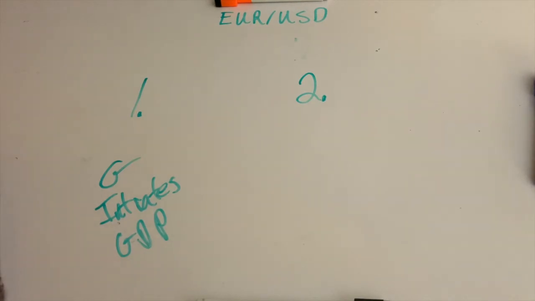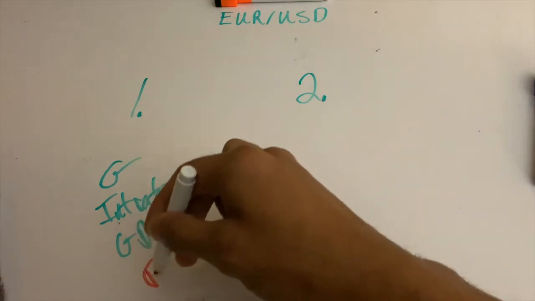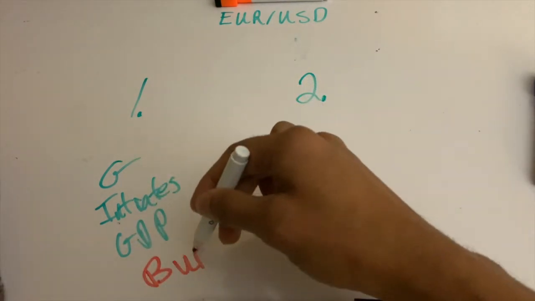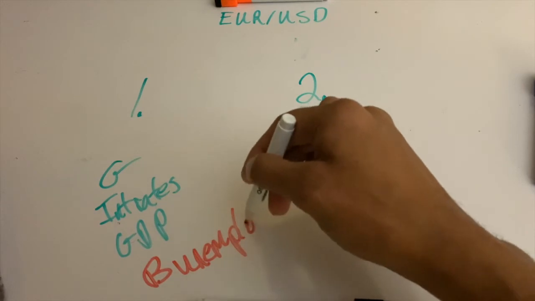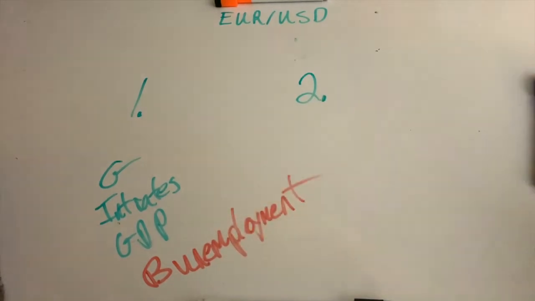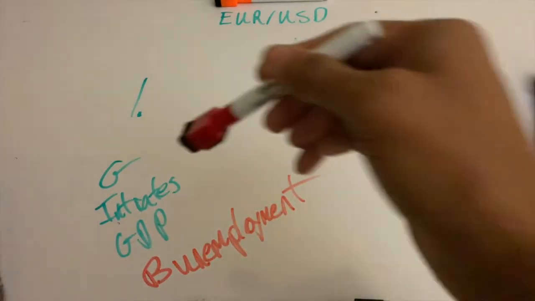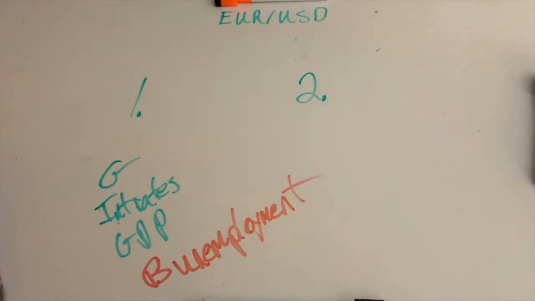And then your bad news gonna be things like unemployment, etc. When good news is higher than expected, it has a positive effect on the currency. When bad news is higher than expected, it's gonna have a bad effect on the currency. So you want bad news to be low and you want good news to be high.